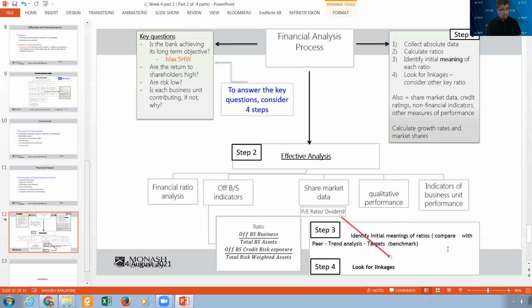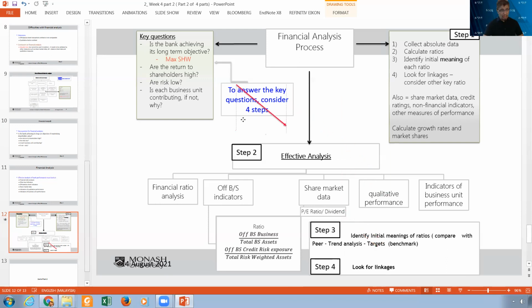Did this CEO come, for example, this year and start to give all those bad loans? Is he going into very unhedged trading? Is he taking very risky business? Because he will make more profits, but he will actually accumulate more potential risk for the future. So we have to look at those linkages.